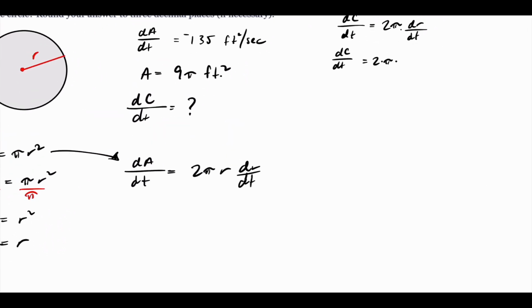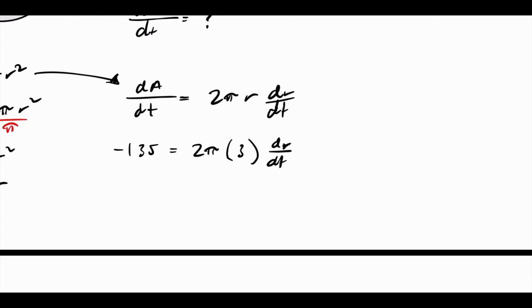So it seems like all that other information they gave us at the beginning kind of was extra. Now we ended up needing it. So this is going to be -135, 2 pi, r we know now is 3, dr dt. So -135 equals 6 pi dr dt.